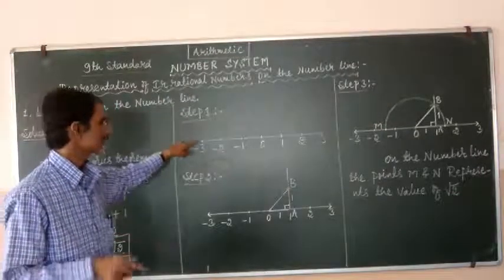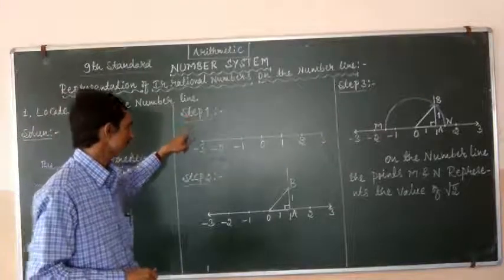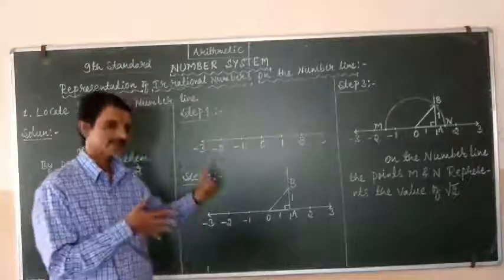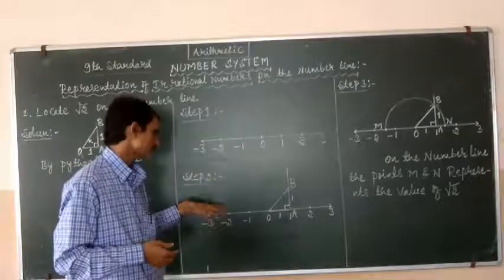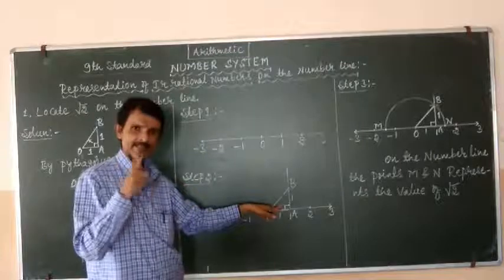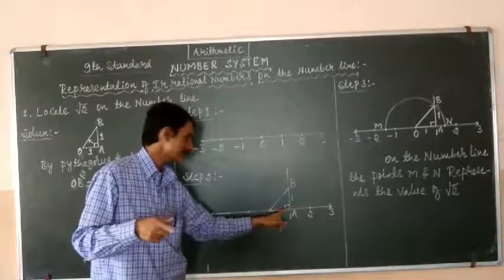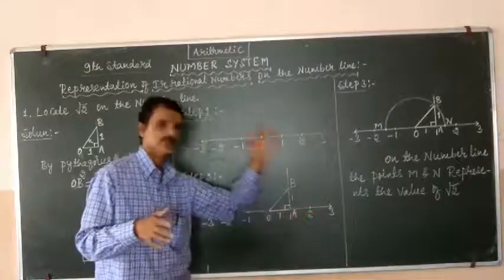I will repeat once again. In step 1, you have to draw the number line with equal units. In step 2, you have to construct a right angled triangle with OA as 1 unit and AB as 1 unit on the given number line.